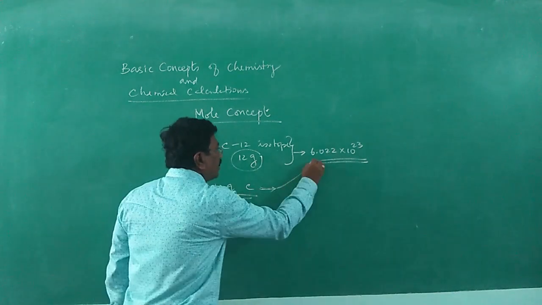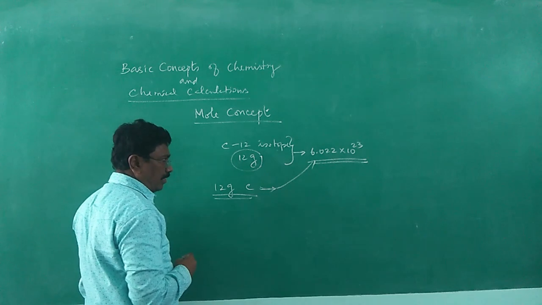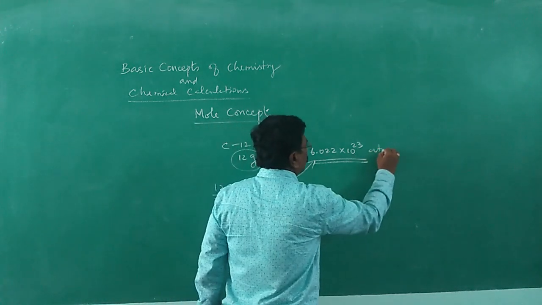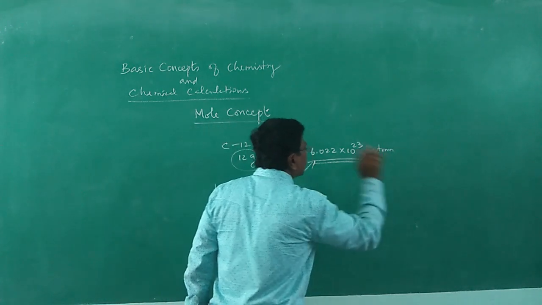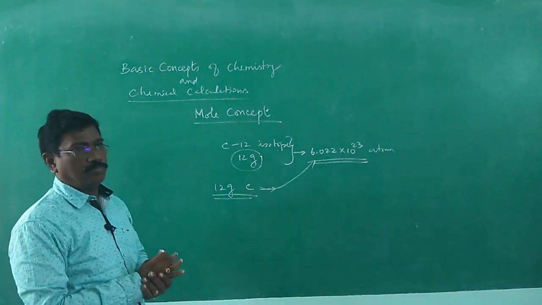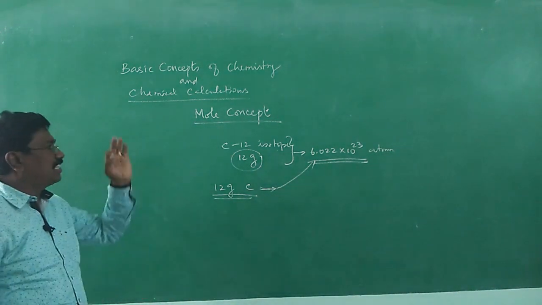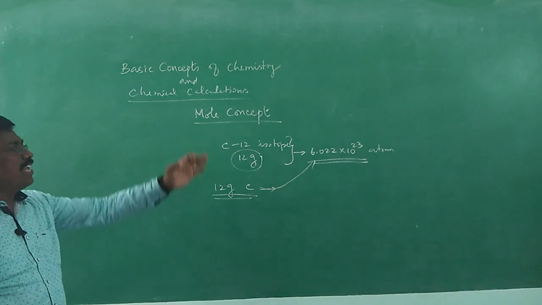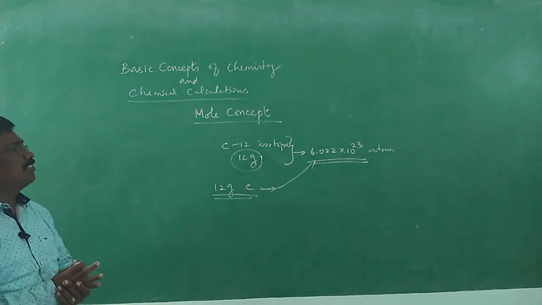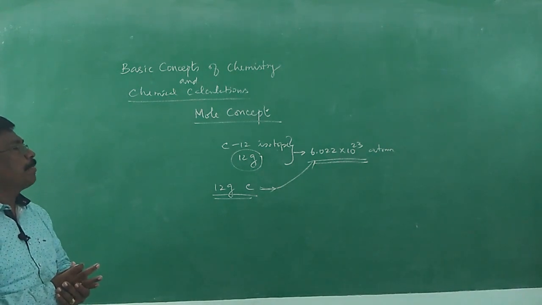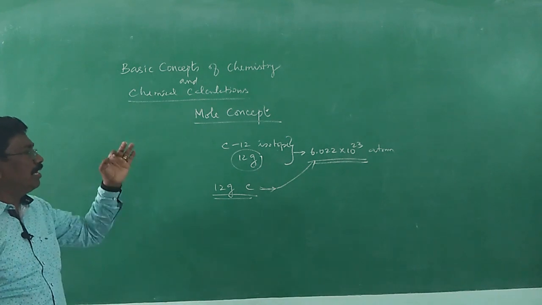That number is later on derived like this. If we have that many atoms, that quantity is said to be 1 mole. The quantity of substance which has got that many atoms, 6.022 into 10 power 23 atoms, is said to be a mole.